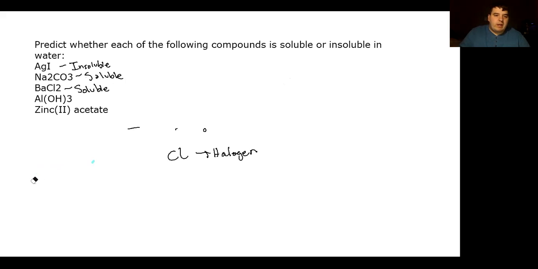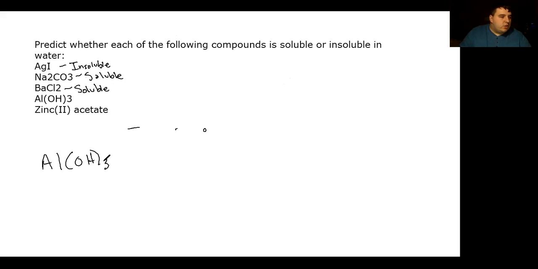All right, the next one we have is aluminum hydroxide. Now, there are a couple of things to keep in mind about hydroxide. Hydroxide is always insoluble with the exception of a couple of cases. If a group 1 metal is combined with a hydroxide, it makes it soluble.